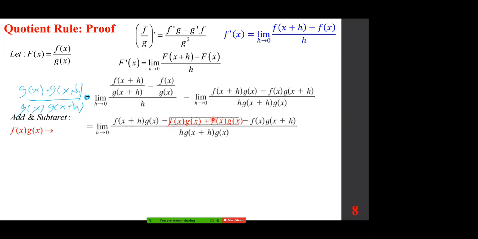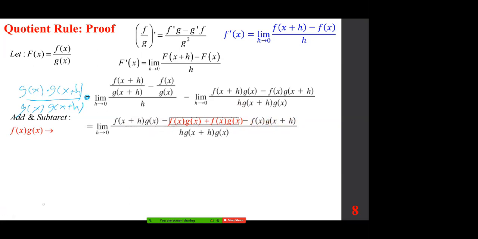If you factor the last 2, f of x times g of x minus g of x plus h, or if I put a negative here, then this comes first. So maybe I put that at top so everybody can see.